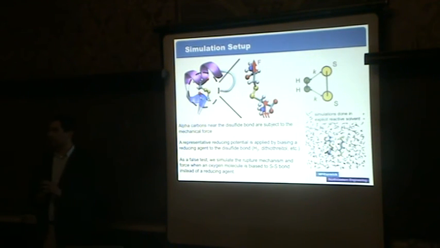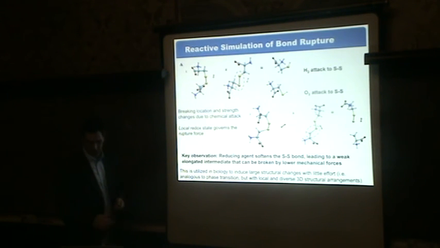So we started by looking at the simplest system we can have, which is a single disulfide bond where you can apply mechanical strain to it, and then also try to reduce it using simple reducing agents, even molecular hydrogen in this case. These are model systems where you try to mimic a certain kind of reducing potential.